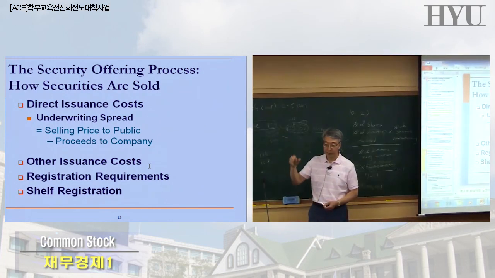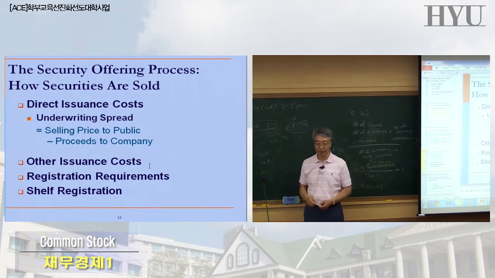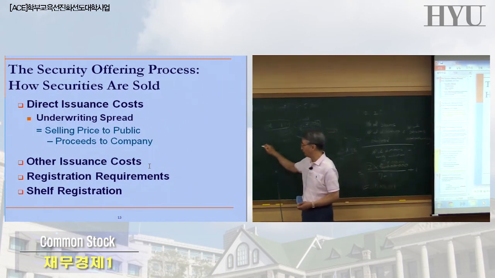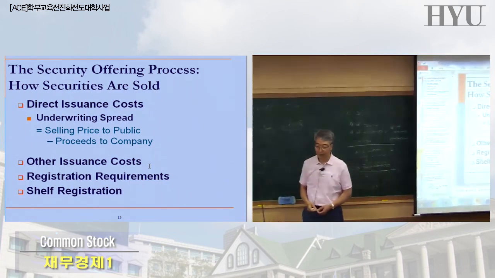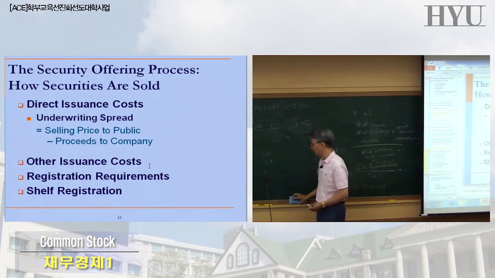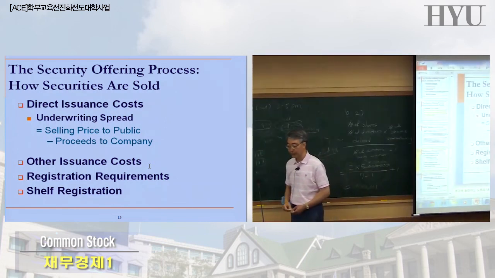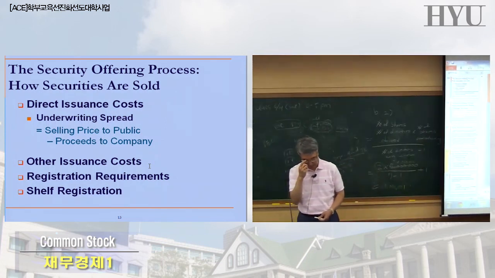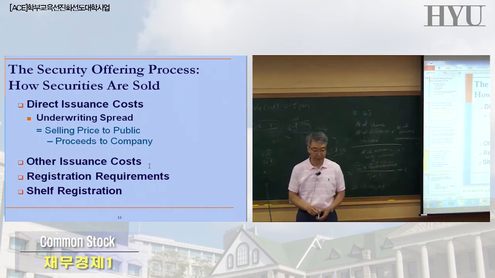There are about 20 some different documents that the company has to file with the SEC, the Securities and Exchange Commission, a government oversight organization. 10K is an annual report. 10Q is a quarterly report that you have to file. It takes a lot of time and effort and money; it's costly to file these required documents.